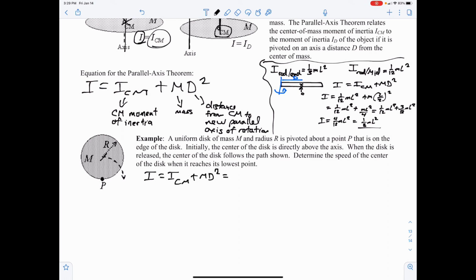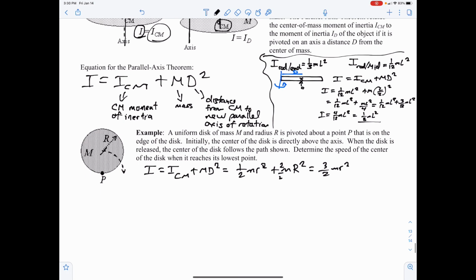Well, the rotational inertia of a disk about its middle is 1/2 mr squared plus m times d squared, where d squared is r squared. So 1/2 plus 1, or 2/2, is 3/2 mr squared.